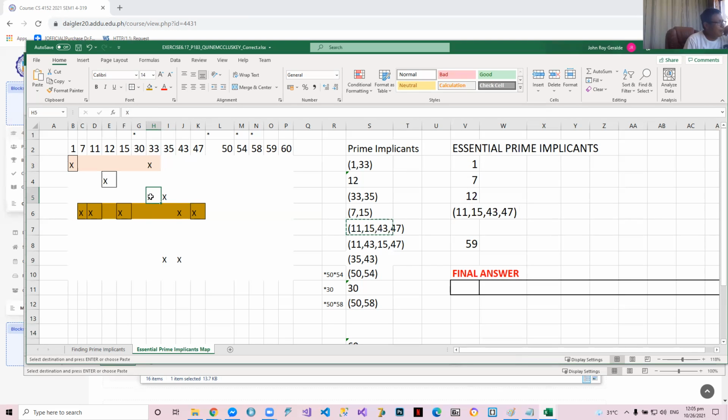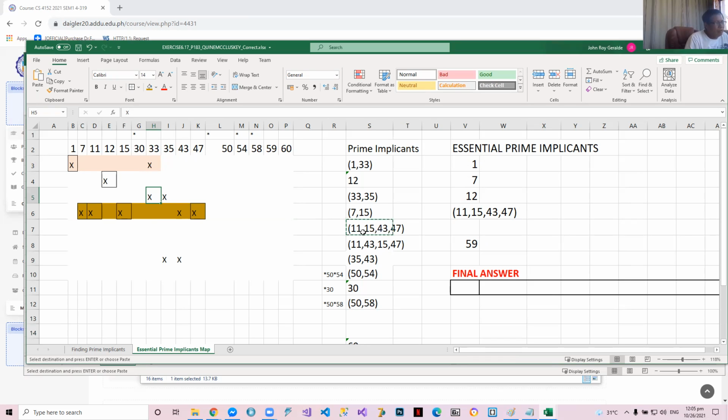If we'll consider this a prime implicant, kasi we have to cover this. We'll just have to choose, no? Itong mga naiwan, trial and error talaga ito. If we'll pick this as an essential prime implicant, makocover itong 35.